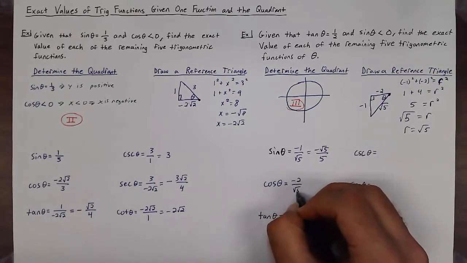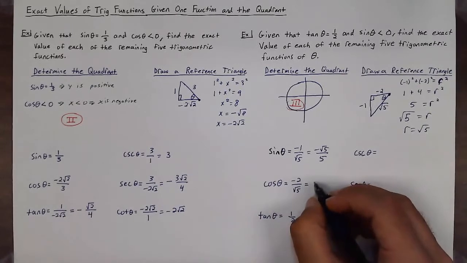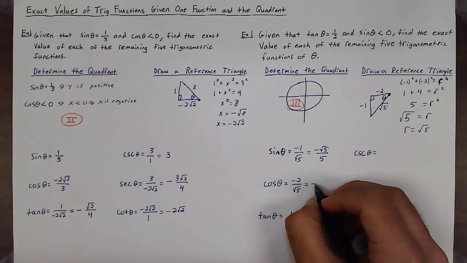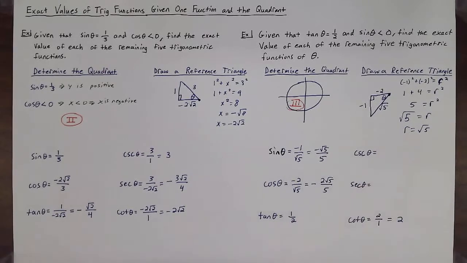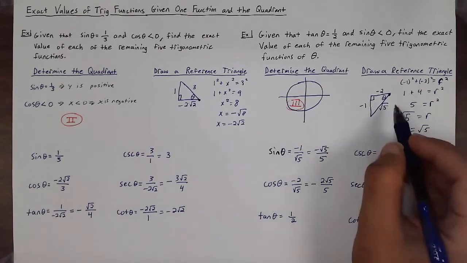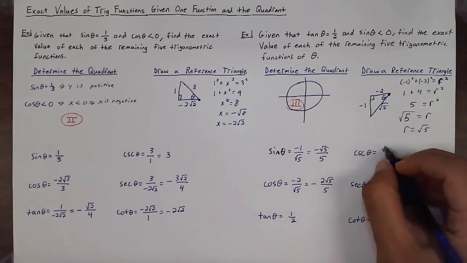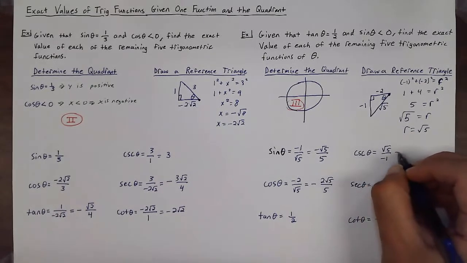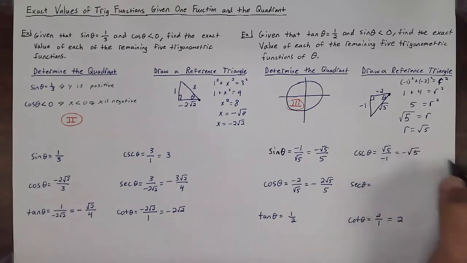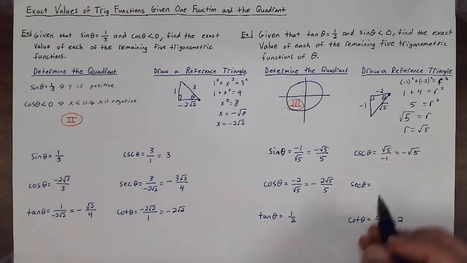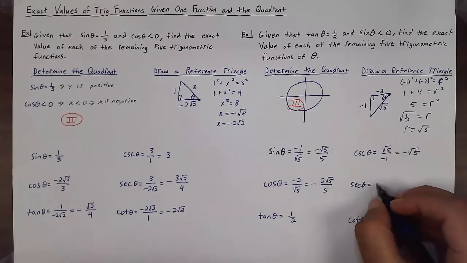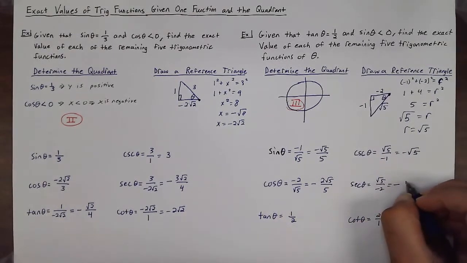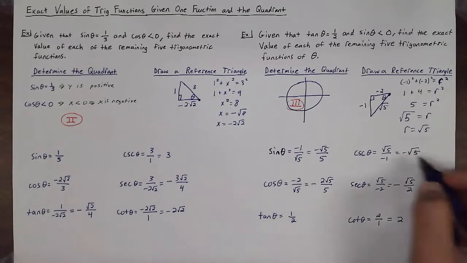But when I rationalize, I will get negative 2 square roots of 5 over 5. Cosecant will be hypotenuse over opposite, so it's square root of 5 over negative 1, which is just negative square root of 5. And secant will be hypotenuse over adjacent, which would be the square root of 5 over negative 2, or negative square root of 5 over 2. And again, all 6 values.